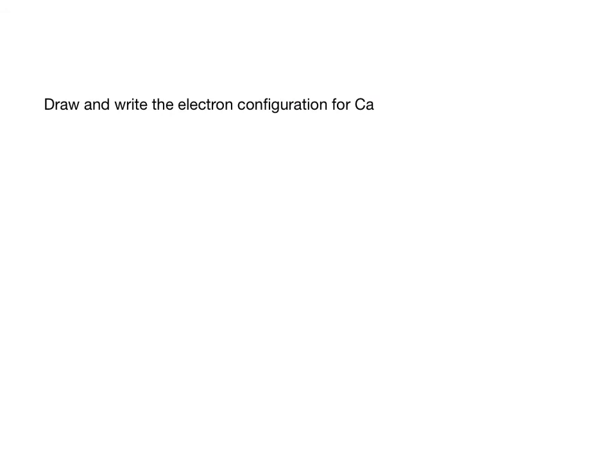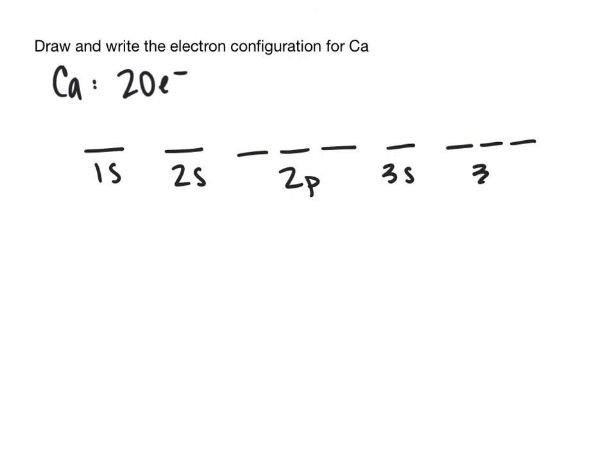So the first thing we want to do is write and draw the electron configuration for calcium. So calcium has 20 electrons. And so we know that they fill 1s, 2s, 2p, 3s, 3p, and 4s.